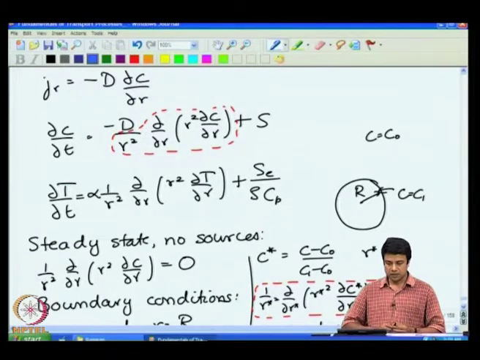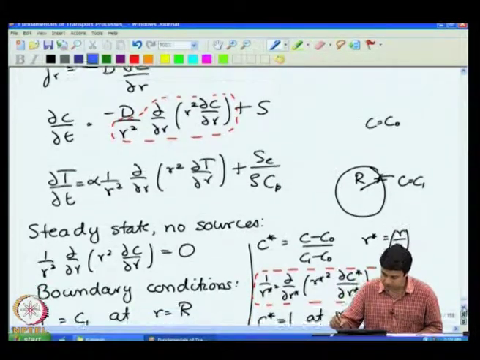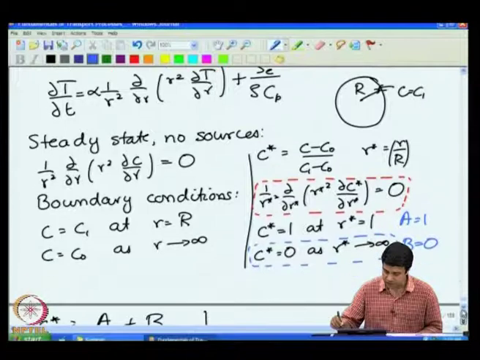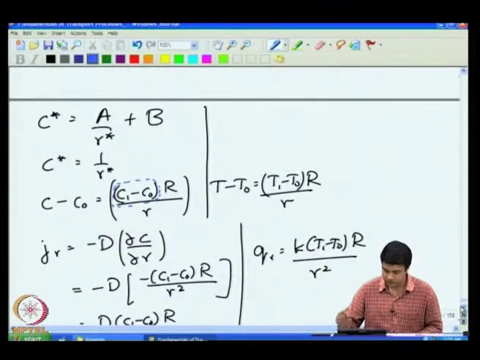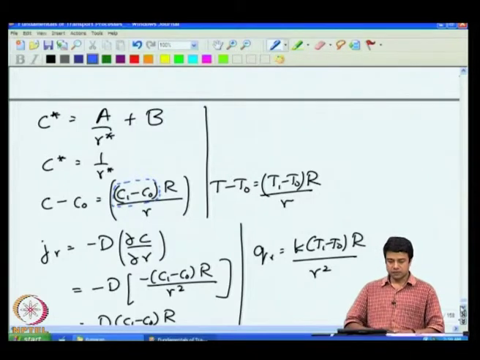We solved the simplest problem, steady state, no sources or sinks, and in that case we got a solution where the temperature or the concentration goes as 1 over r. It is equal to C1 minus C naught times capital R by small r, if C1 is the concentration at the surface and C naught is the concentration far away.